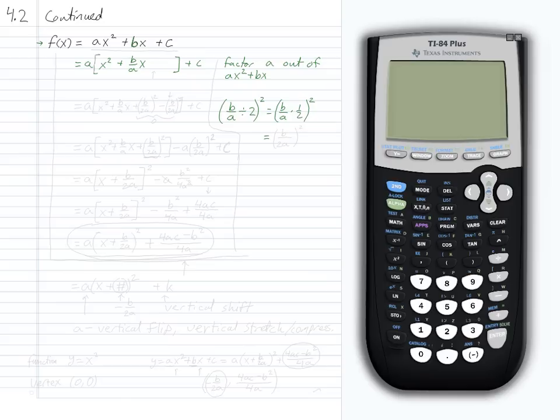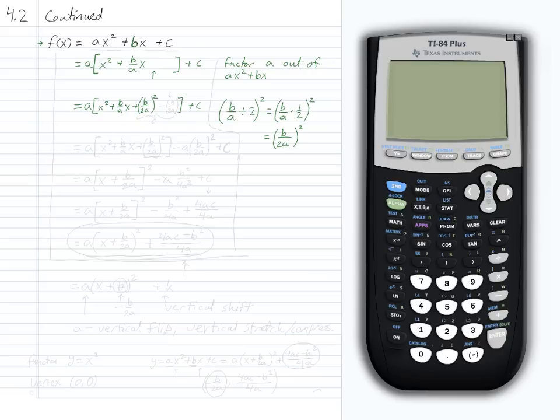So what are we really hoping to add in order to complete the square here in brackets? We need to add b over 2a squared. So that's what I'm adding inside. Now, if I add this quantity, that changes the formula. So I can't say that this is equal to a times x squared plus b over a x plus b over 2a squared plus c.